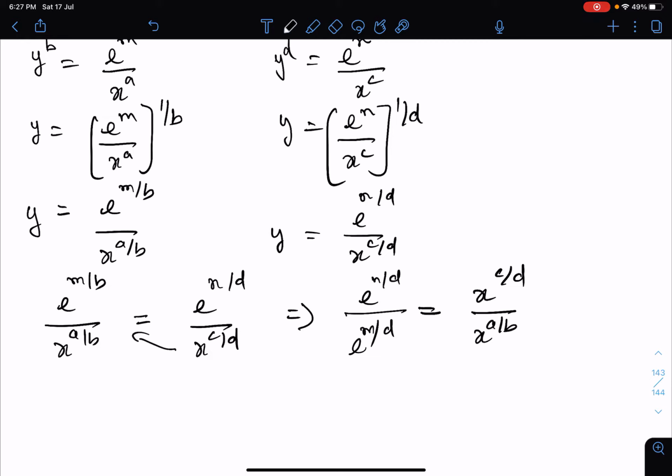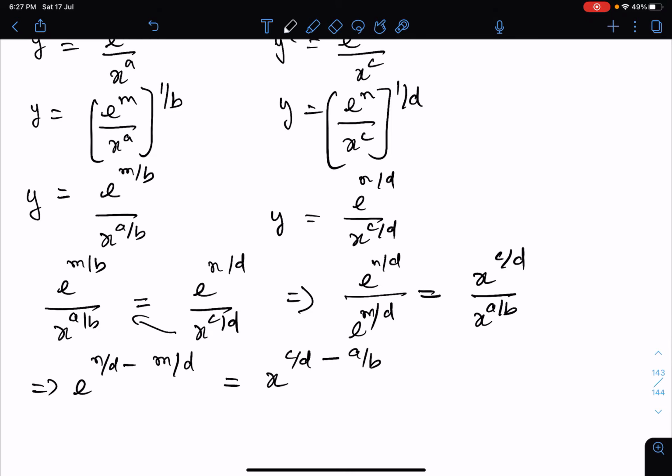Now you bring both the terms to the numerator. From this, it is going to be e^(n/d − m/b) equal to x^(c/d − a/b).